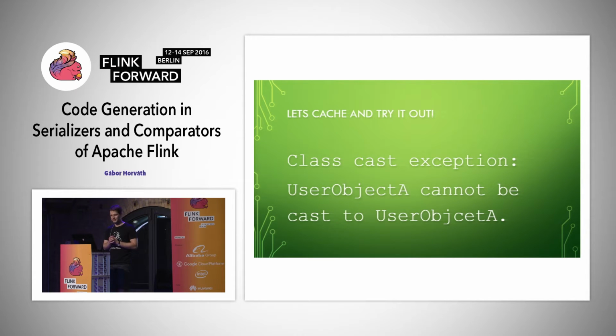So when we compiled our serializer, we used a user class loader that is different from the one that is created when a new task is started. So the same user object that the generated serializer knows about and that the application actually uses will be two different types.